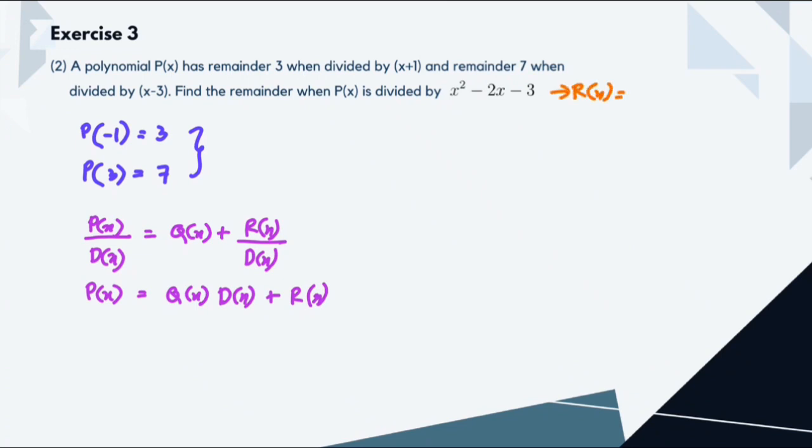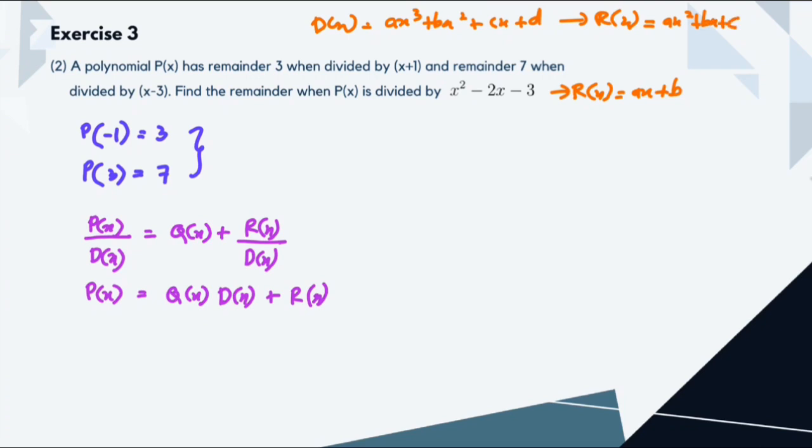R(x) must be linear, so let's say ax + b. If the divisor is cubic, the remainder will reduce by the power of 1, so in general the remainder will be quadratic, which is ax squared + bx + c.